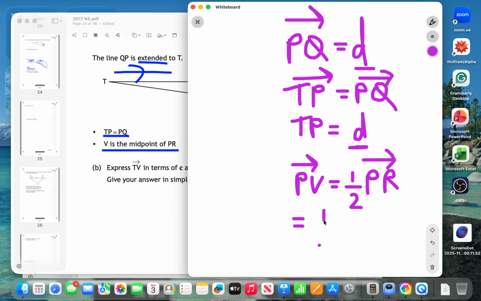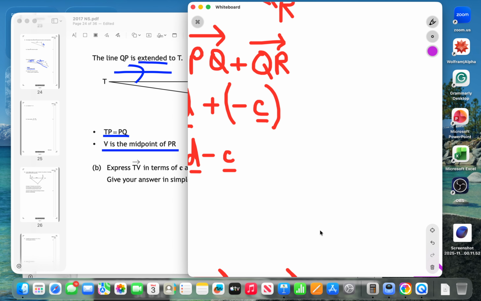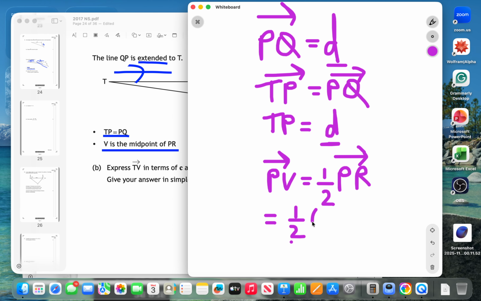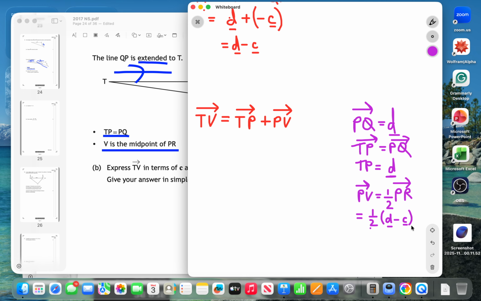And this is 1/2 of D minus C. That's 1/2 of D minus C. You want to show all of this. Normally I say that the stuff in purple is just the add-on stuff.